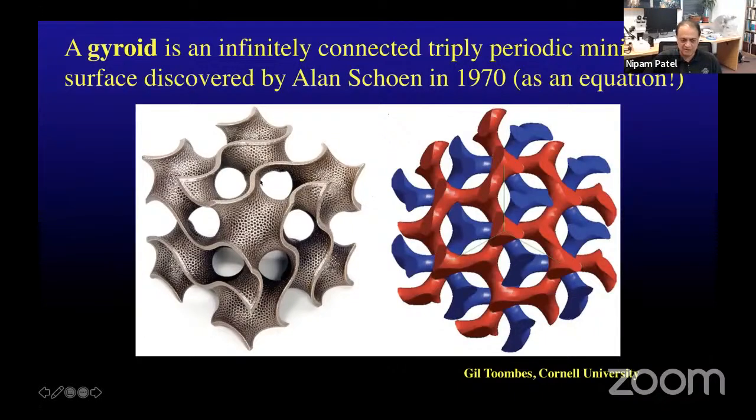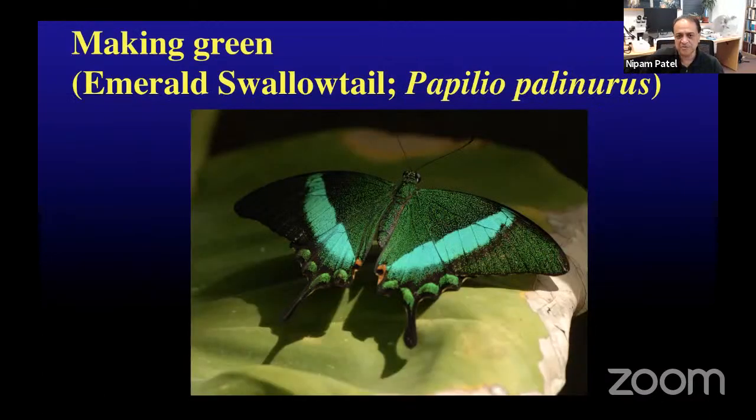When it's made at just the size that the butterflies make it, what you get is constructive interference of green light, and destructive interference of other wavelengths. And that's how this particular butterfly makes green. And interestingly enough, this particular gyroid structure has evolved at least three times independently in butterflies to make green color.